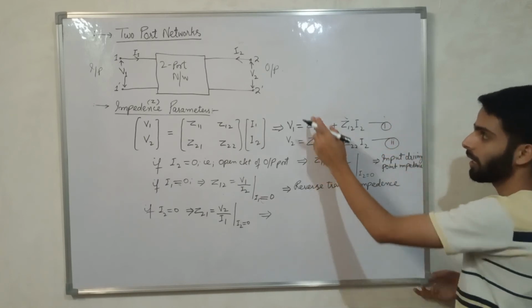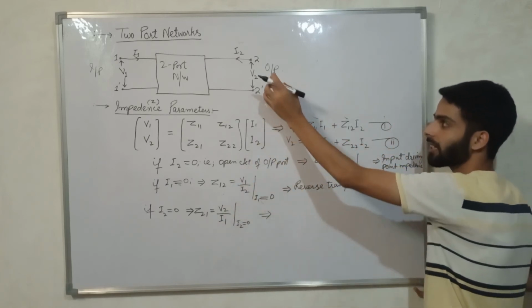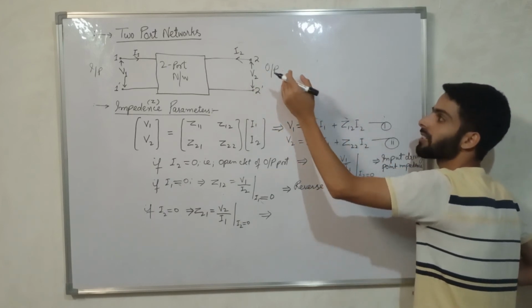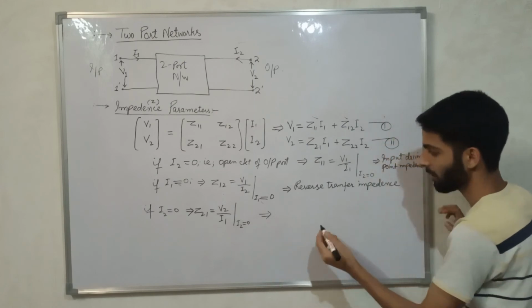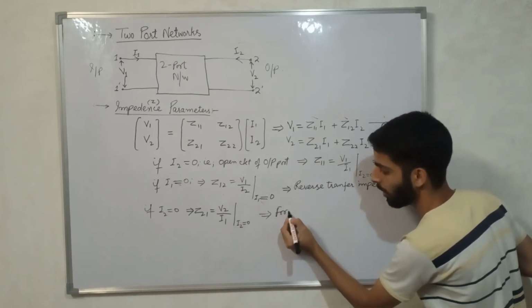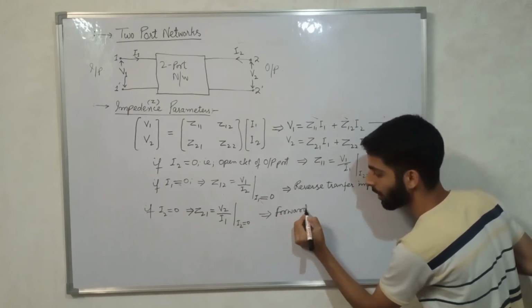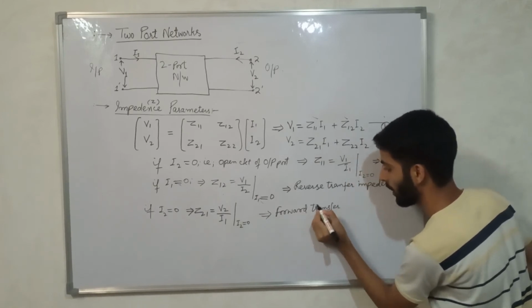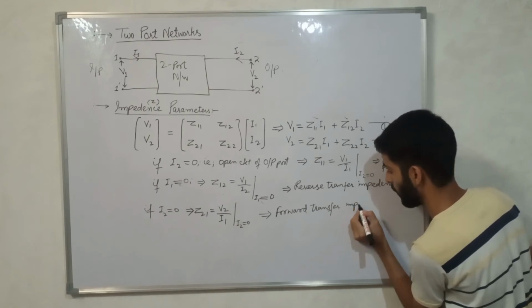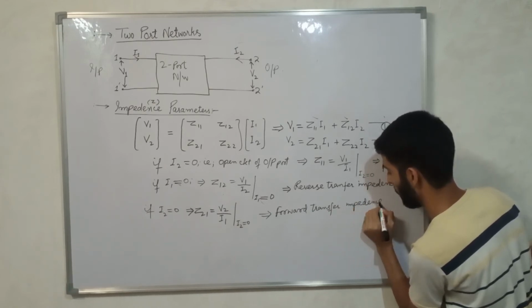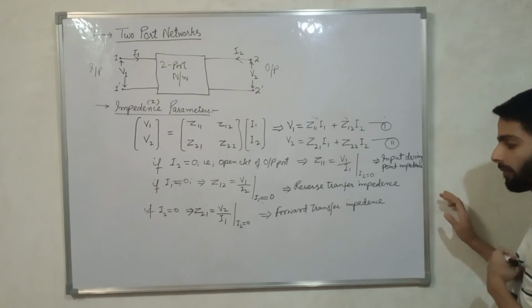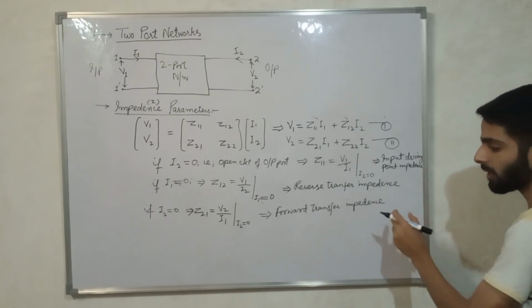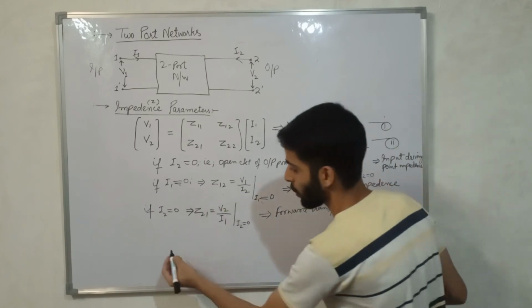From this side, in the numerator it is the voltage, so this is forward transfer impedance. Which one is forward transfer impedance? Z21.